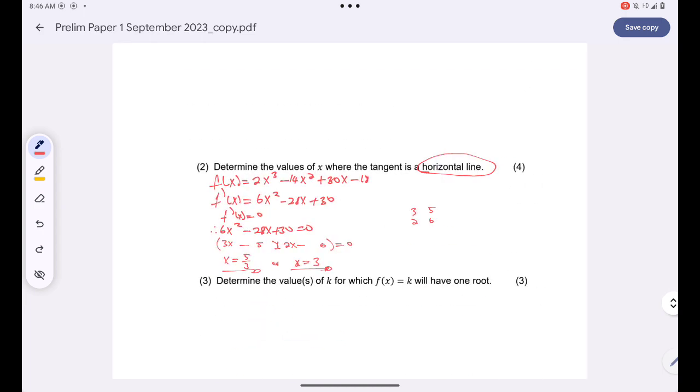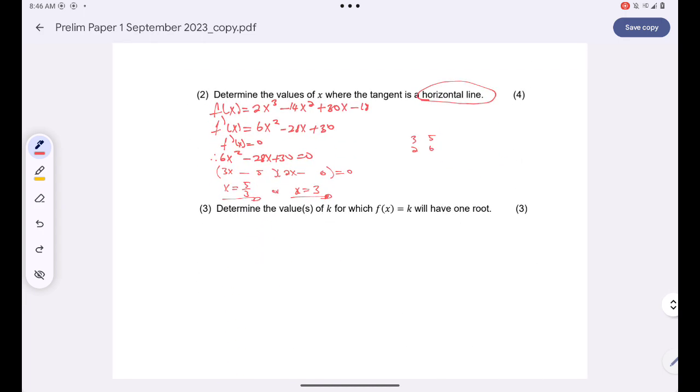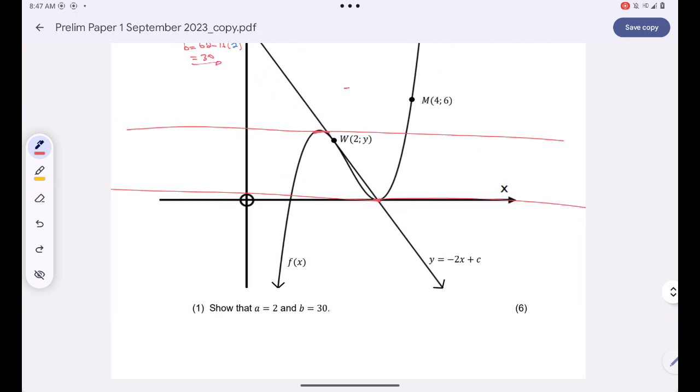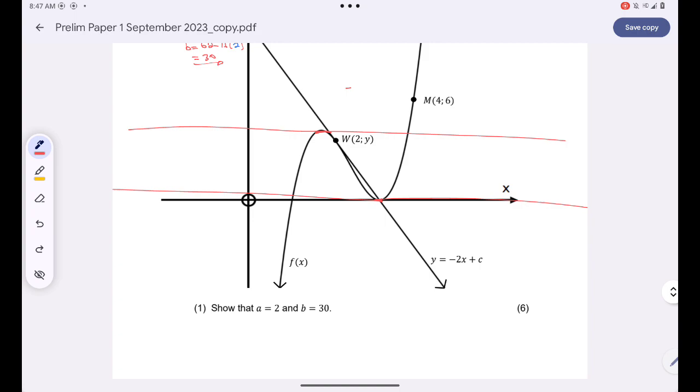Okay, and then now, guys, they want us to determine the values of k for which f of x will have one root. Okay, if f of x is equal to k, k is just a straight line. If ever I have a graph above the turning point, that graph will only intersect the function only once.